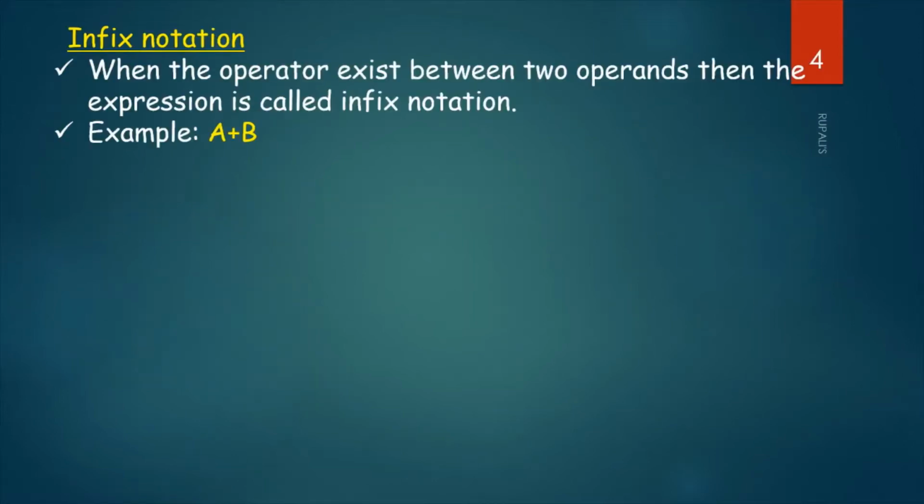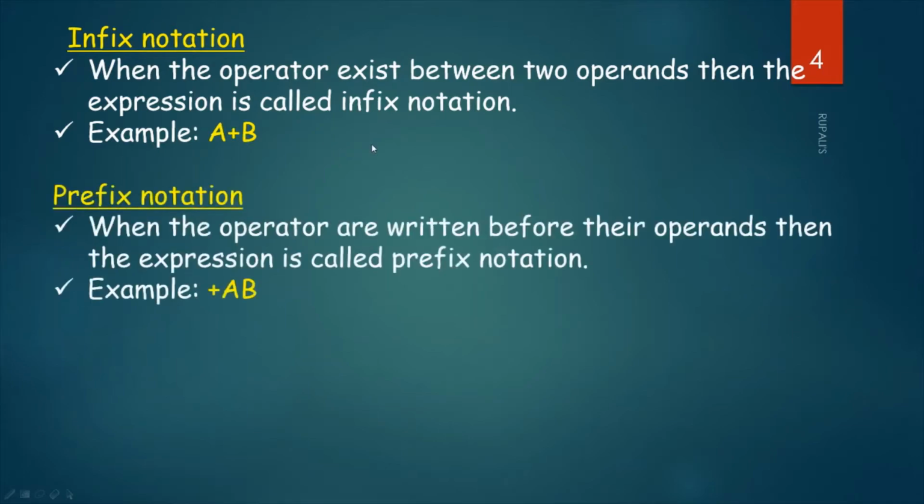So, infix notation. When the operator exists between two operands, then that expression is called infix notation. Means what? See, the operator is plus, and A and B are called operands. But when the operator is written before the operands, then that expression is called prefix notation.